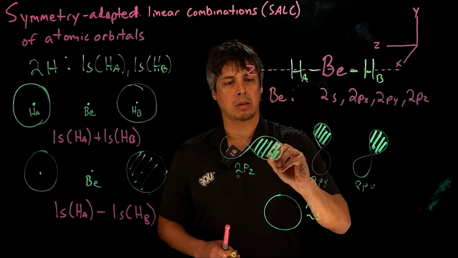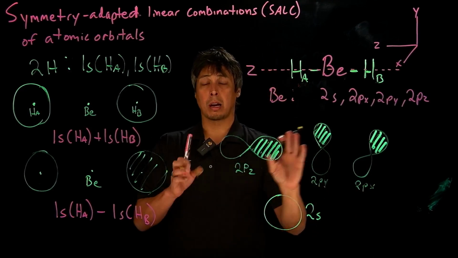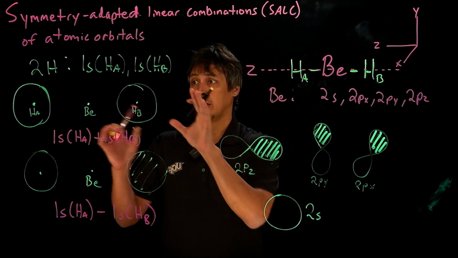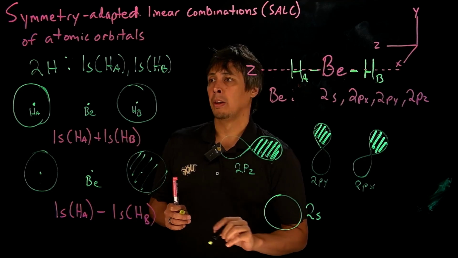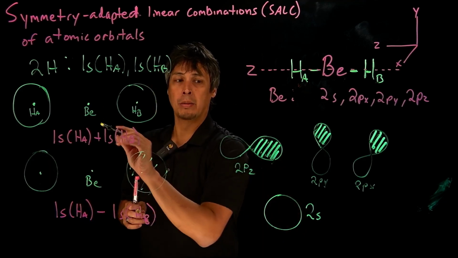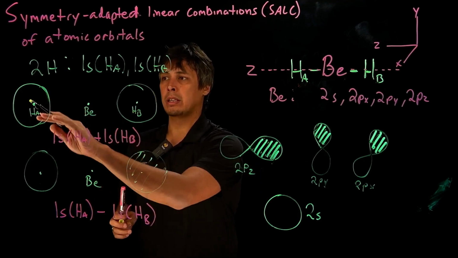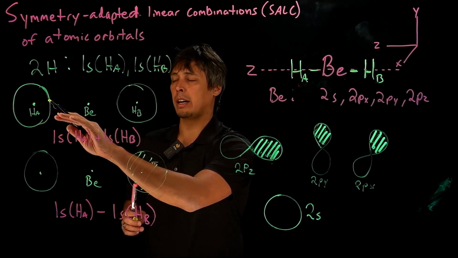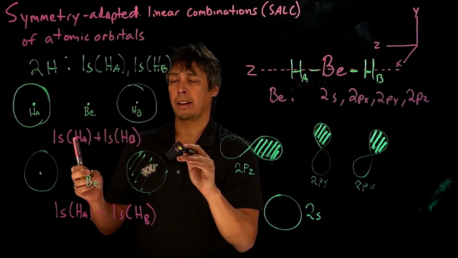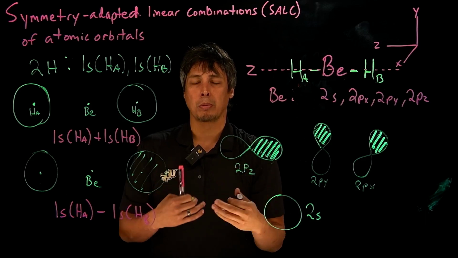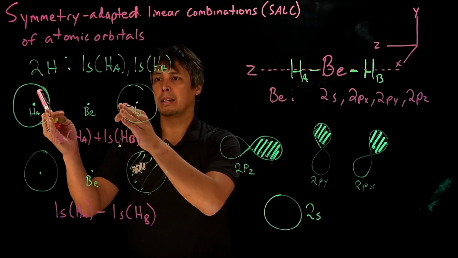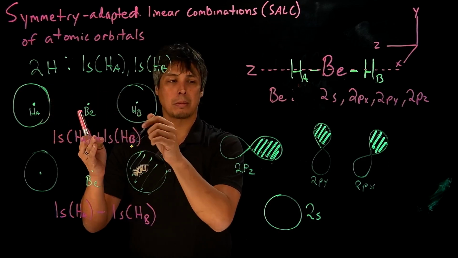And then the question is, which of these beryllium atomic orbitals has the correct symmetry to interact with the SALCs, okay? Let's start with the 1sHA plus 1sHB, okay? The way we've written it, the 1s orbitals of the two hydrogen atoms both have the same phase. And so in order to have bonding overlap with an atomic orbital in beryllium, that beryllium orbital has to have appropriate symmetry, okay?